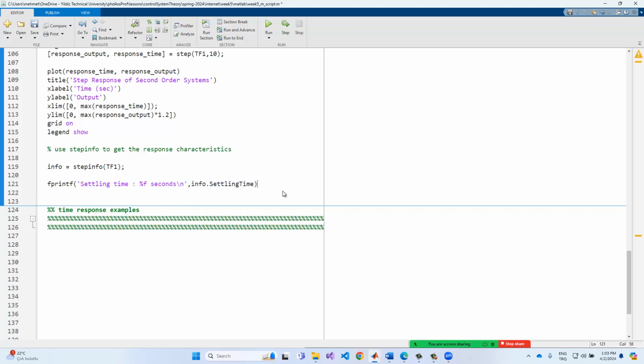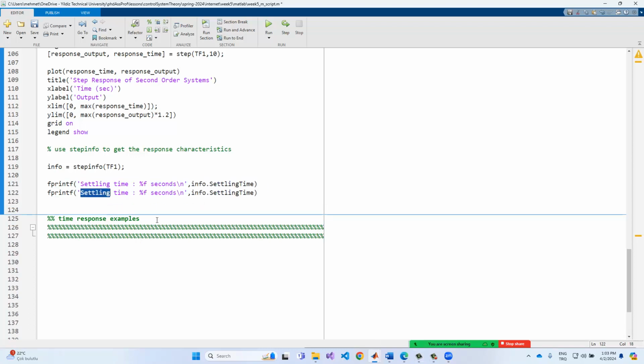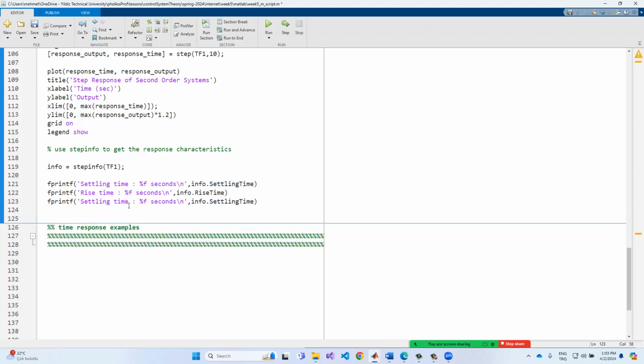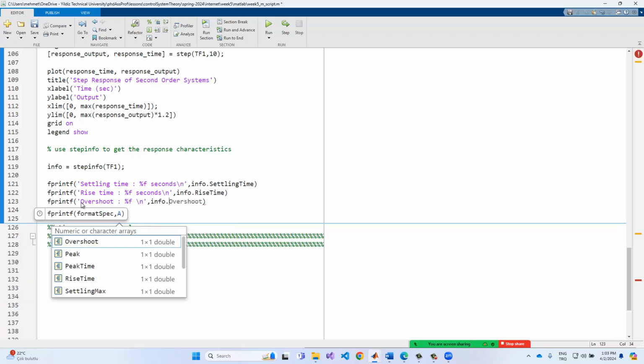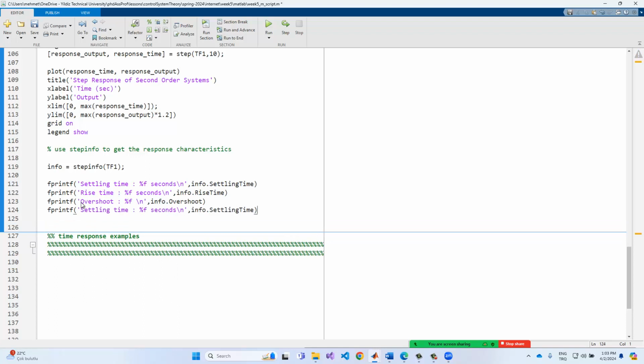And we need to write also rise time, and we also need to give the overshoot value, and also we need to give the peak time.